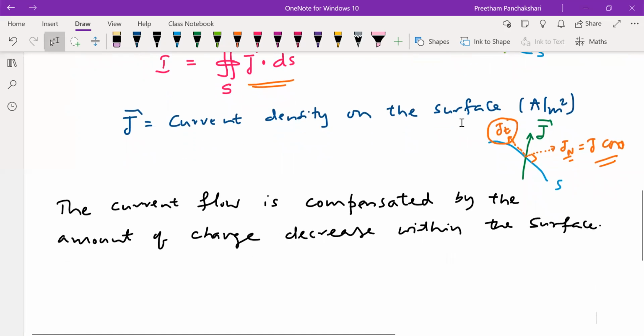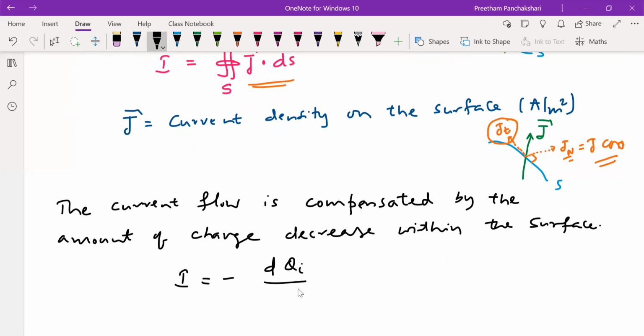That means the current flow can also be indicated as I equals minus dQi by dt. So the current which was given by the surface integral of J over the closed surface is also given by the rate of decrease of charge inside the closed surface.